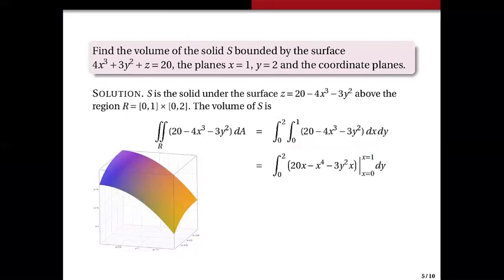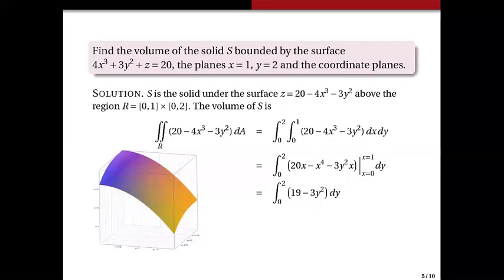If we do this, we will have 20x. Here you have x to the 4 over 4, but you have negative 4 here, so you'll be left with x to the 4. Here 3y squared is constant, so you just multiply it by x. You evaluate from x equals 0 to x equals 1, so after evaluating we only have 19 minus 3y squared.